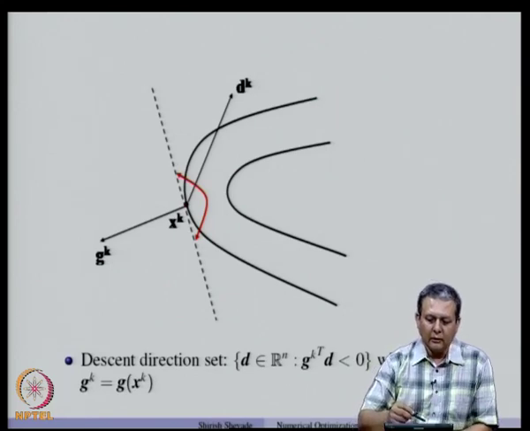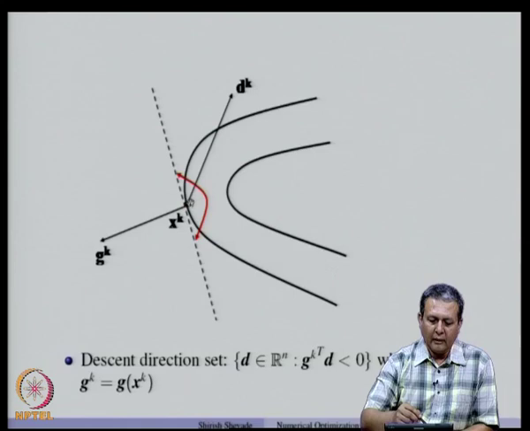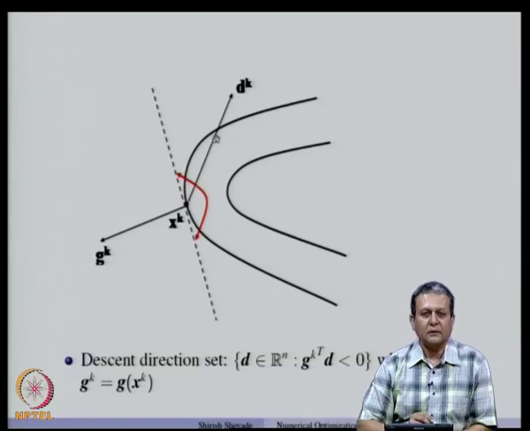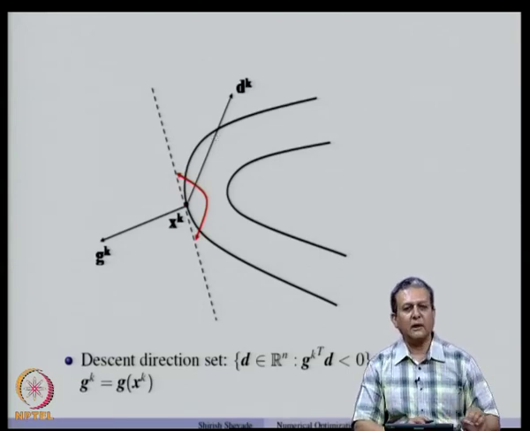Now, if you take a step along this descent direction and come to a point here, then the value of the function would have increased. So, we are not interested in that. We are interested in the step where the value of the function decreases. So, that is a very important step.